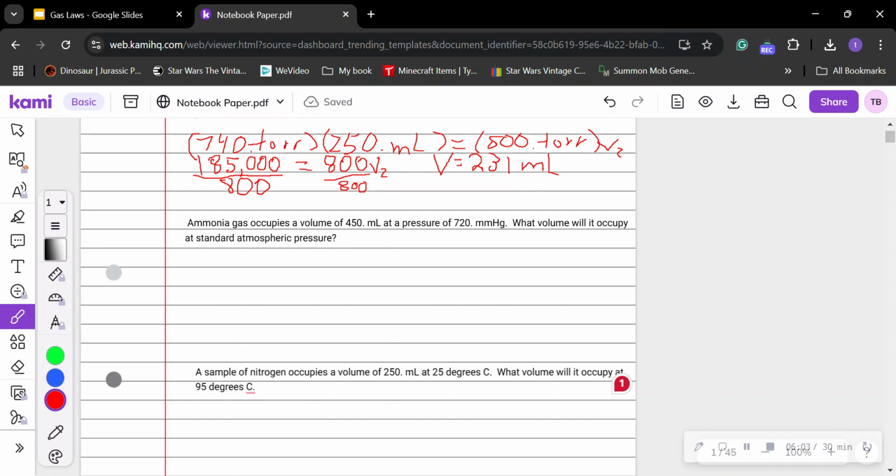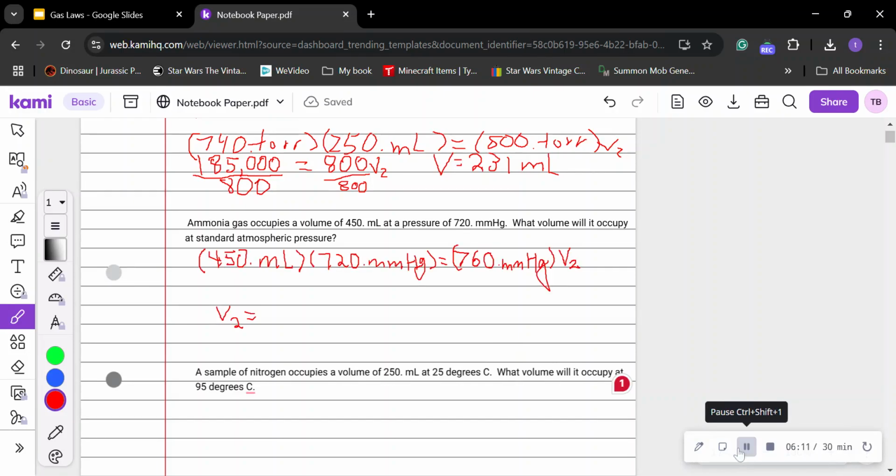So why don't you try pausing the video and see if you could solve that first, and I'll solve it in a minute. Okay, so I forgot to mention that when you're solving for standard atmospheric pressure or standard temperature, there are certain values that you have to use to sub in, since it won't give you the value.